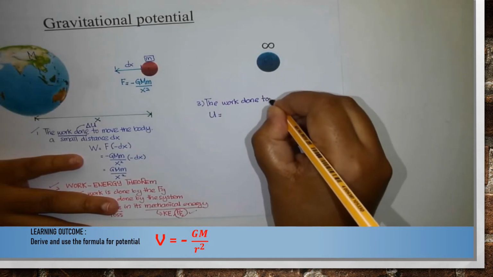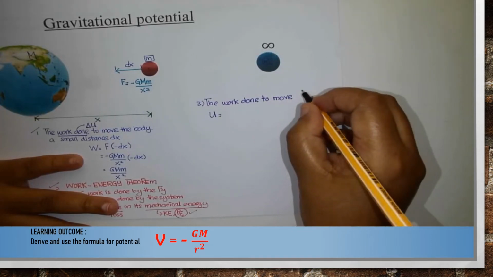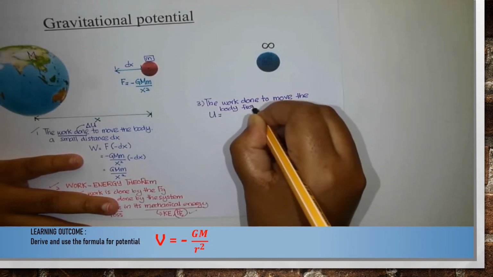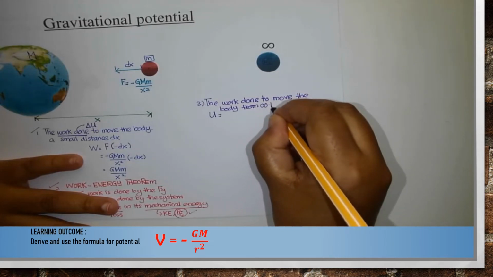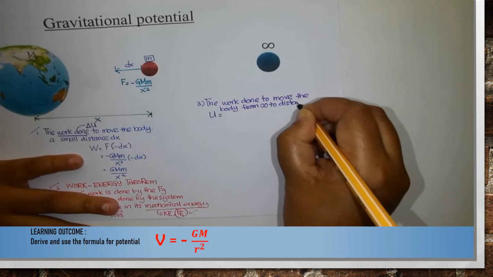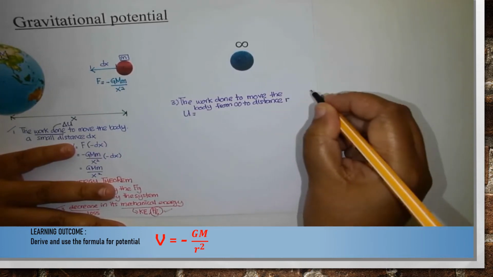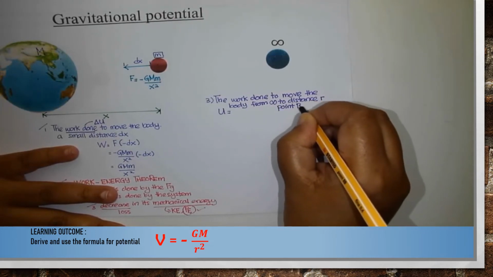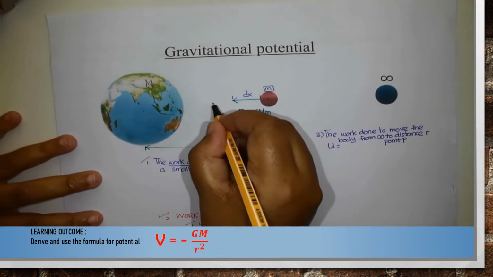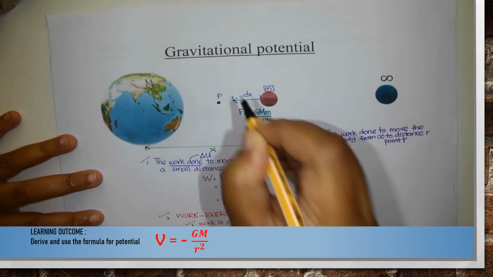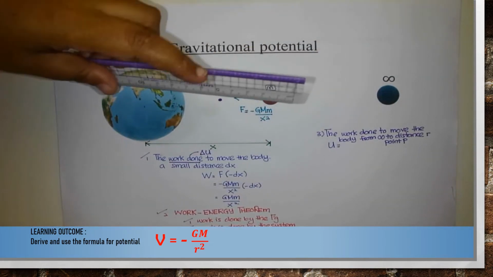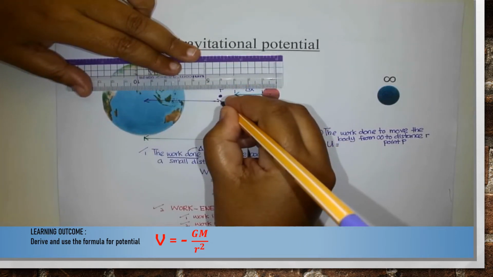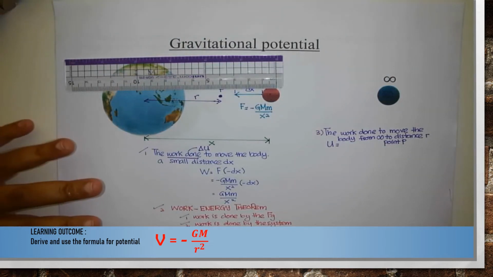The work done to move the body from infinity to distance r, which is point P. Let's assume this is some point P here, at a distance r from the center of the earth.